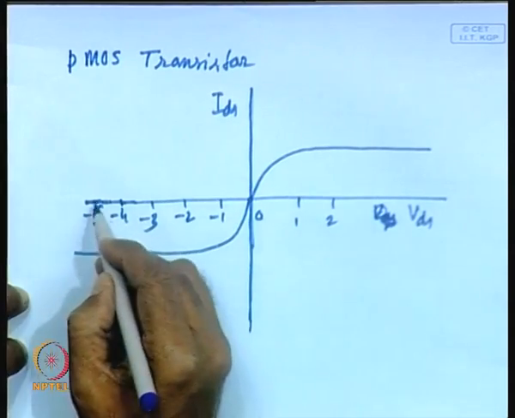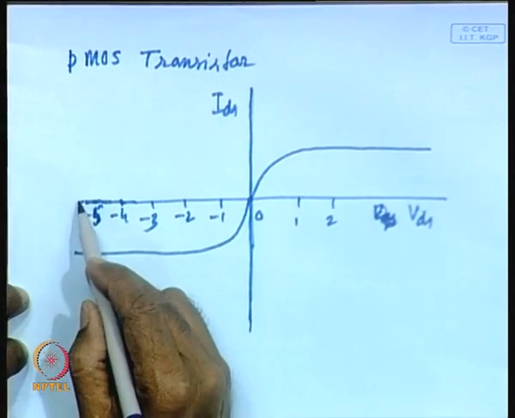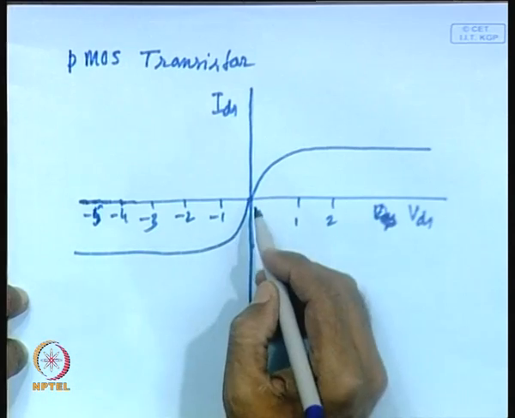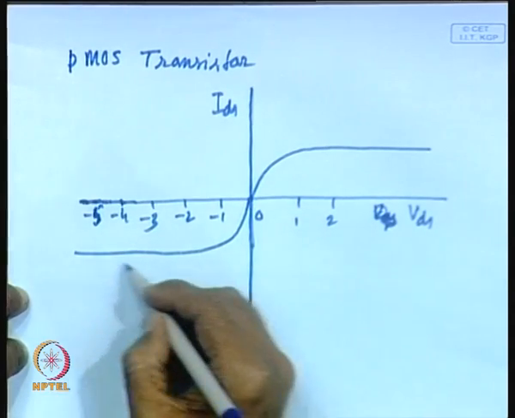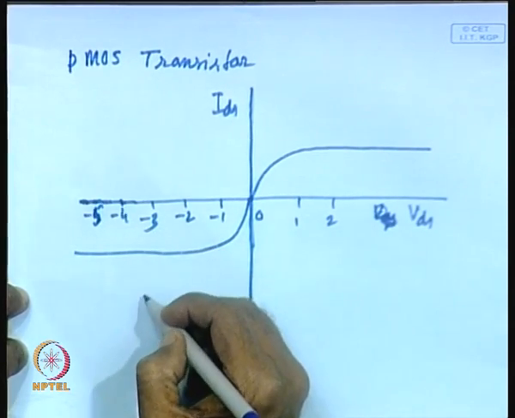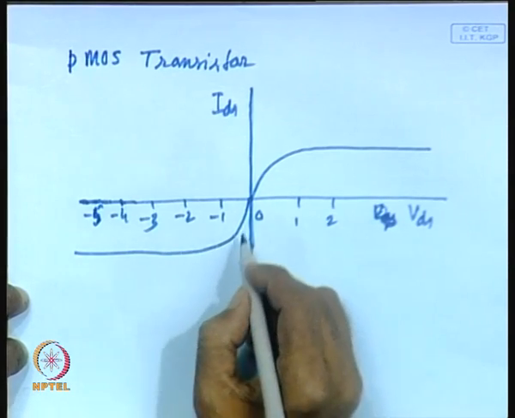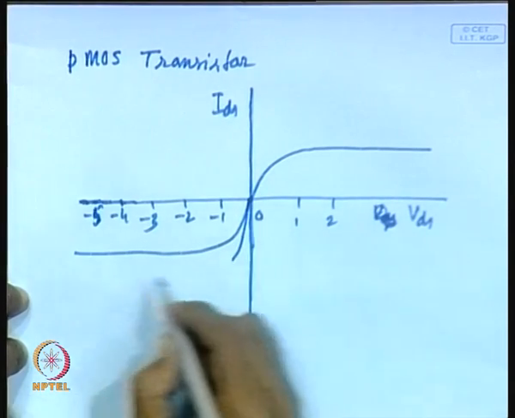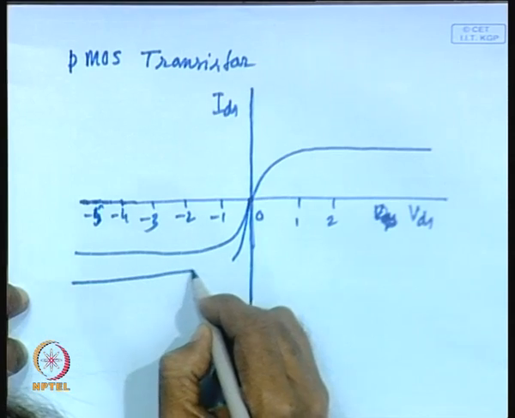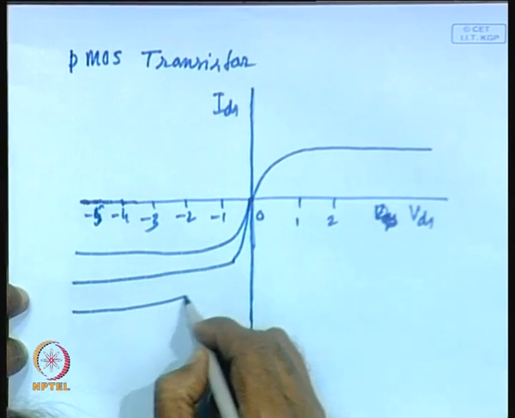That means, you will apply negative voltage to the drain with respect to source, and current will flow in the opposite direction, and these are for different gate voltages, and the more negative curves correspond to more negative gate voltages.